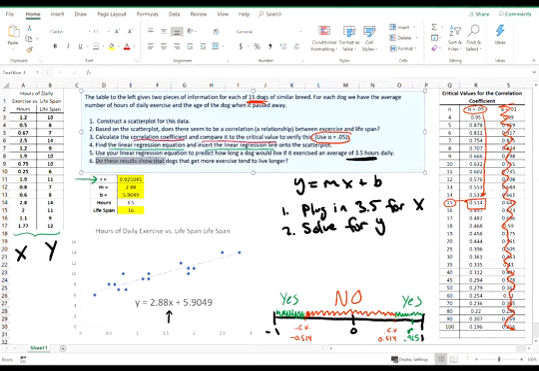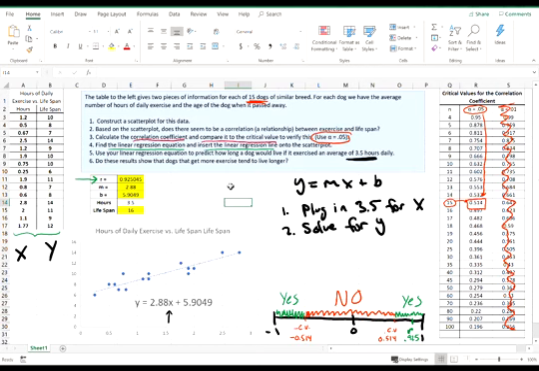Last question before I close the video. Do these results show that dogs that get more exercise tend to live longer, or does more exercise cause longer life? Well, the answer is no. This does not establish a cause and effect relationship, even though it probably does.